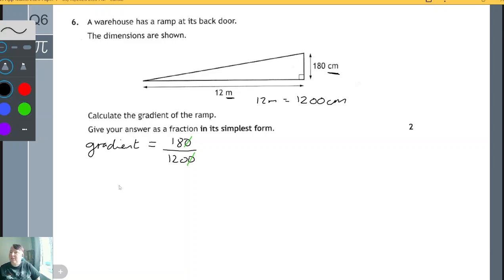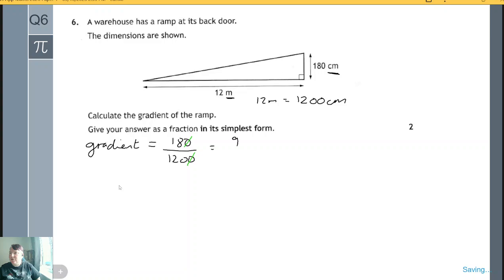And that then gets me an easy one where I can just halve it, which is 60. And then divide top and bottom by 3, so I get 3 over 20. Right, there we go. That's it in its simplest form. Next question.